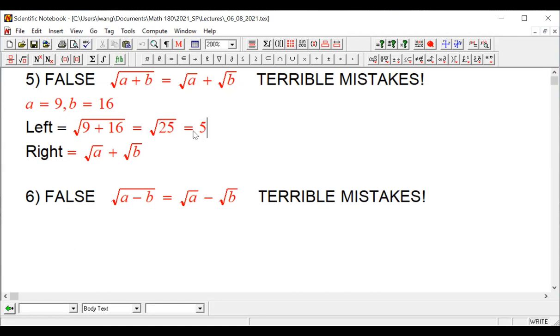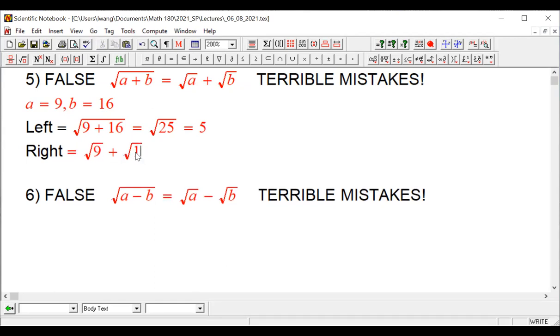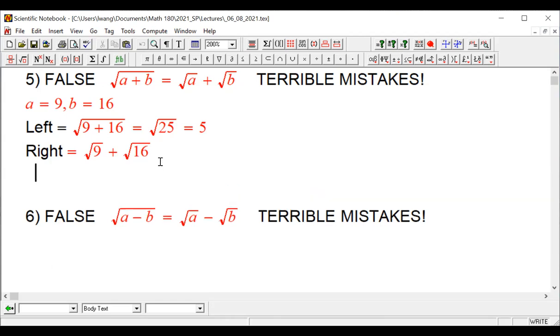Square root of 25 is 5. 9, 16 equals 3 plus 4 equals 7. Okay, and 5 is not 7. So left is not the same as right.